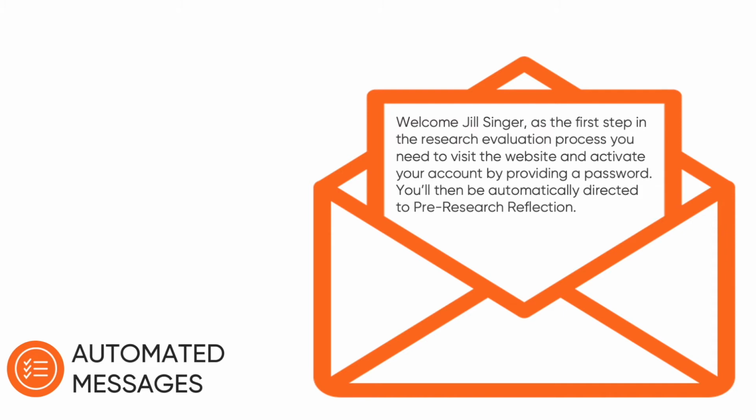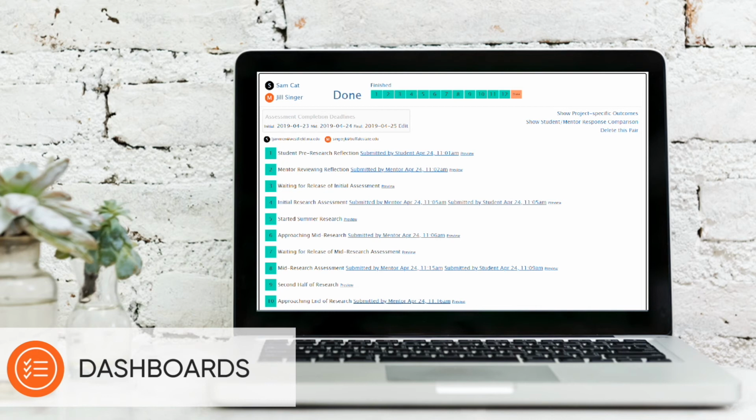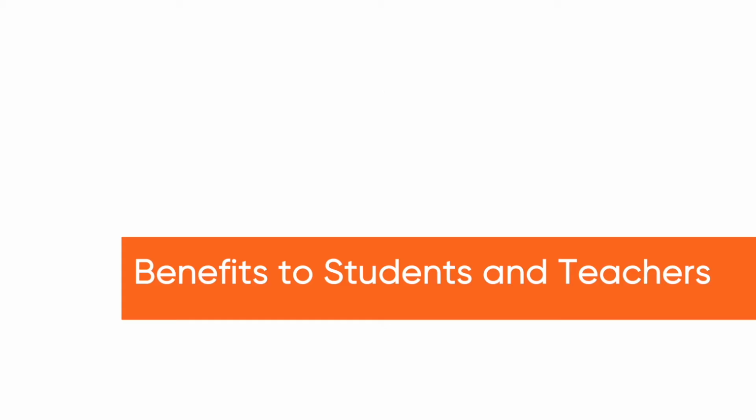This means that no one has to remember all of the steps that need to be completed. They are prompted at the proper time what step needs to be completed. Dashboards are available to students and teachers to review what steps have been completed and the steps to be completed. The dashboard for eCompete has not yet been developed, but it will look similar to the dashboard for Evaluate UR.